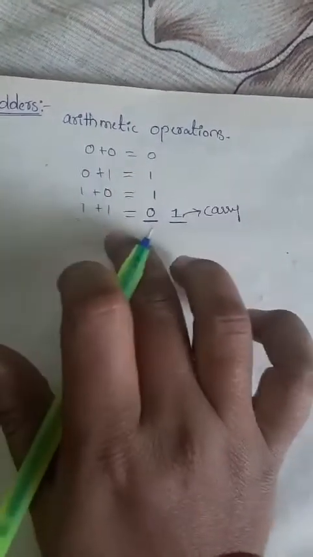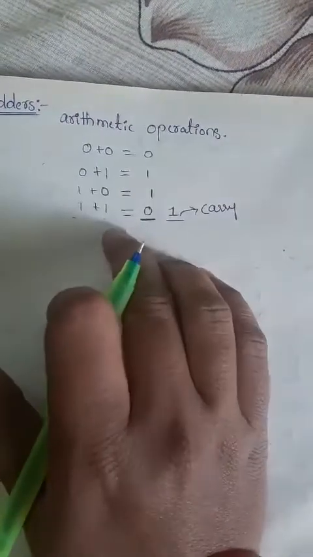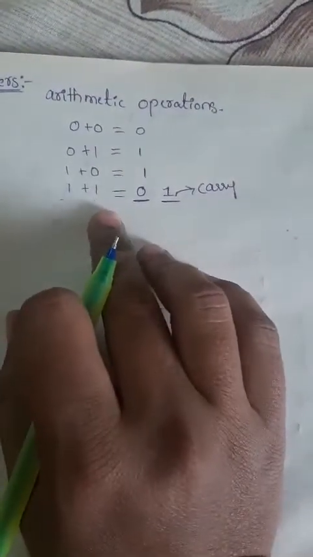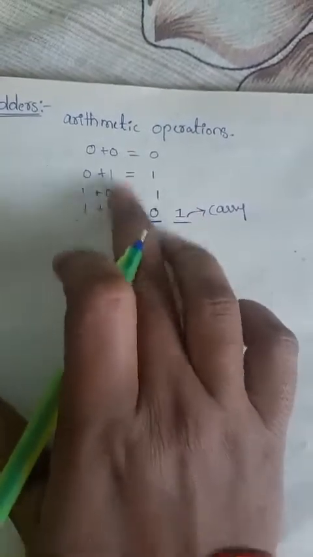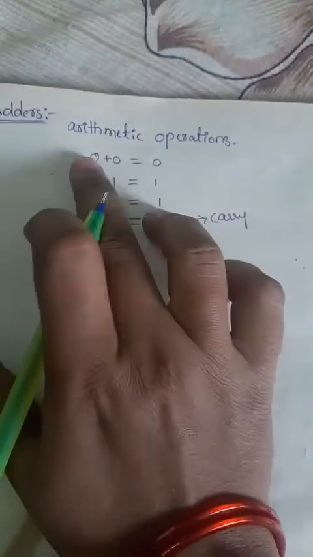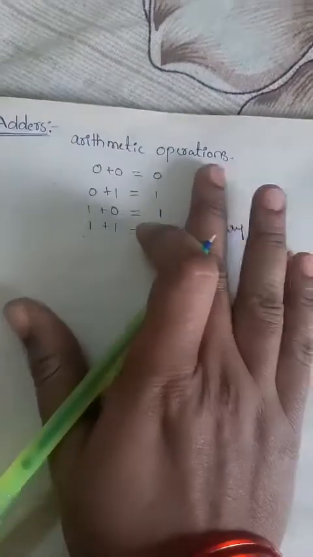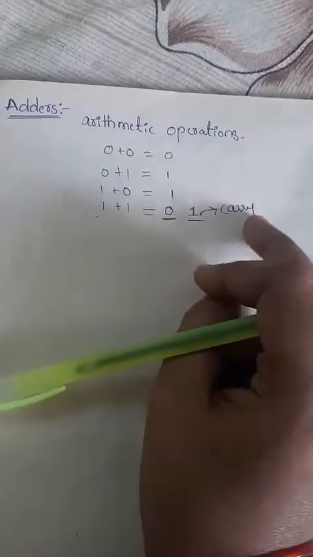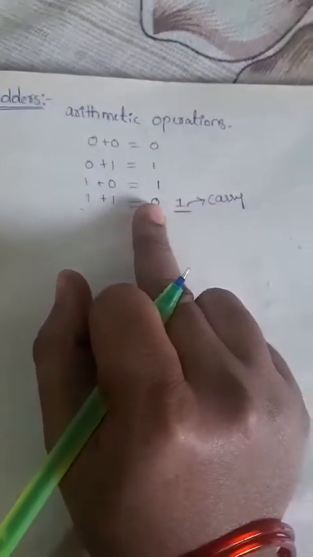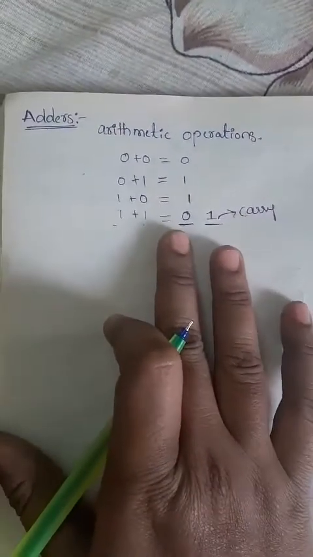The other additions, 0 plus 0, 0 plus 1 and 1 plus 0, produce a result of either 0 or 1. But the last possibility gives two values, one sum and one carry. This is the normal addition process, and we have four possibilities.